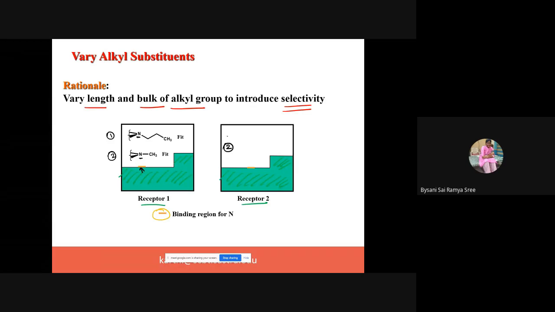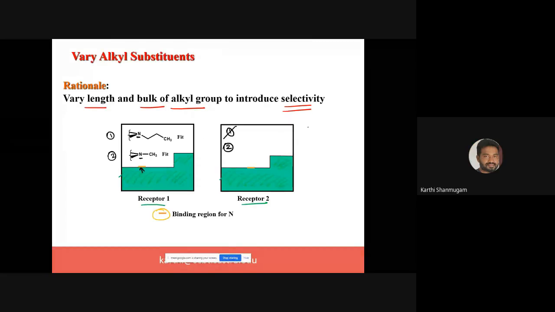We cannot fit 1. What's the reason? How do you say that the first molecule cannot be fitted in receptor 2? Space is not enough.